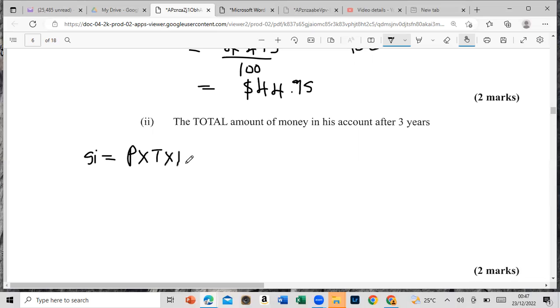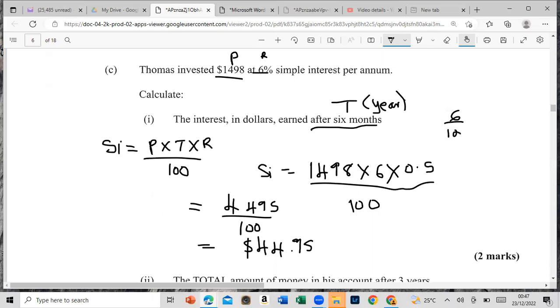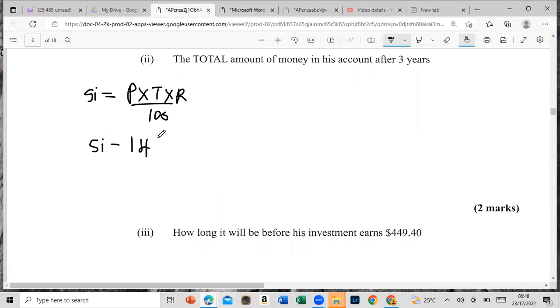This time it's going to be 3 years. So 1,498 at 6%.